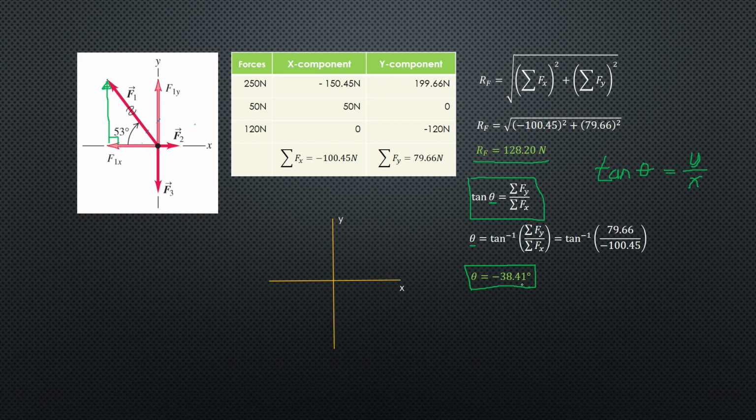Let's double check if this angle or direction is correct by drawing the resultant force on the Cartesian plane. Positive x, positive y, negative x and negative y. Based on the resultant, the summation of forces along x is negative 100.45, so it is along the negative x-axis, and the summation of forces along y is positive 79.66, which is vertically upward because of its positive value.